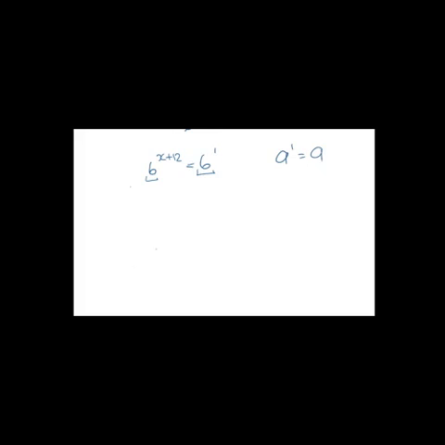Remember our rule from way back as well. These have the same base, so therefore x plus 12 must equal 1. So therefore we take 12 away from both sides. x must equal negative 11.